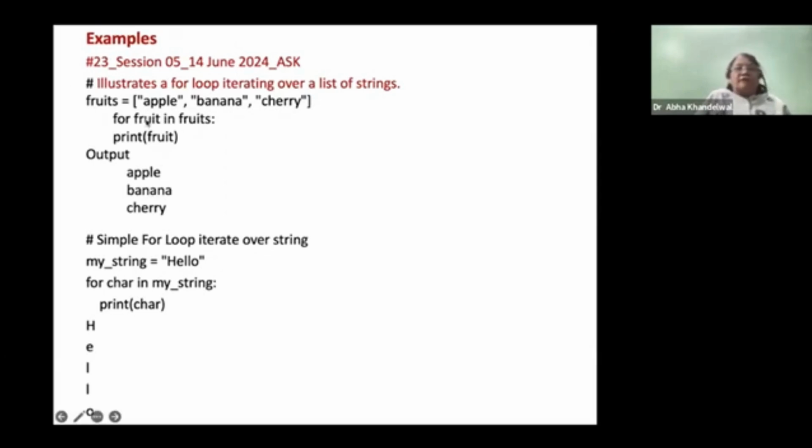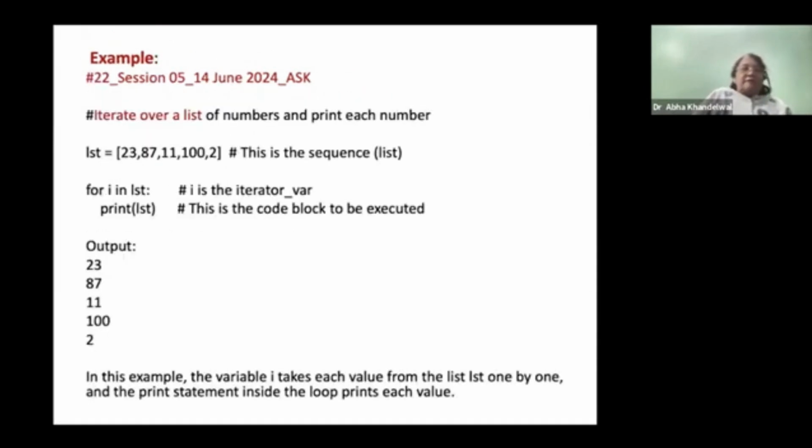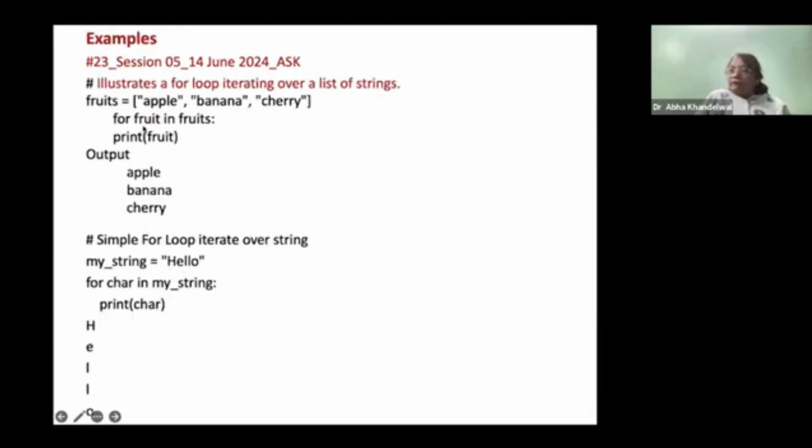Tell me, what is this fruit here? Earlier we have taken I here, that is my first. So here I, as you have understood, is being replaced by fruit. So don't get confused. This is our running variable, fruit.